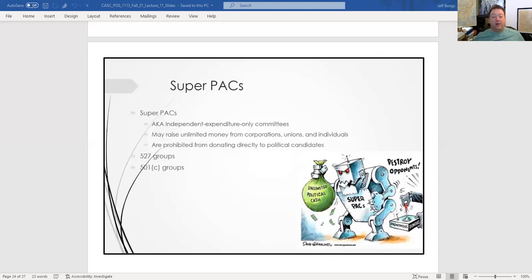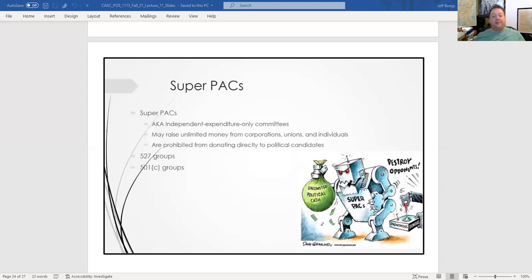They can also contribute $5,000 to another PAC. So let's say in 2023, they can give $5,000 to Donald Trump, and then this specific PAC can give $5,000 to another PAC. And then they can give $15,000 to the National Party Committee, the Republican Party Committee.